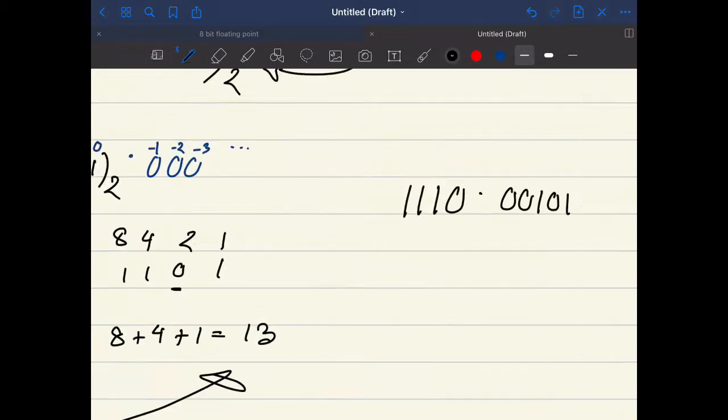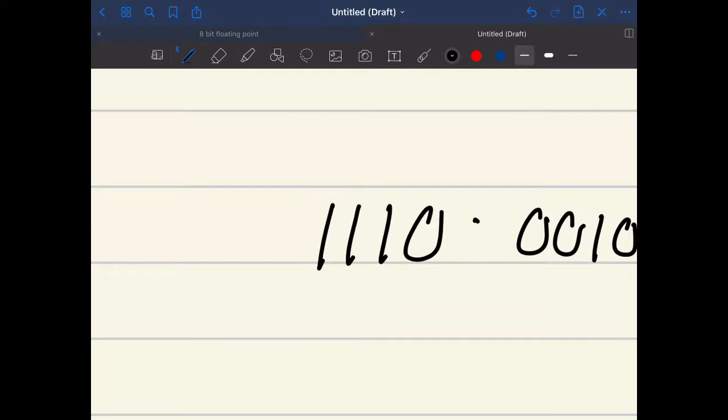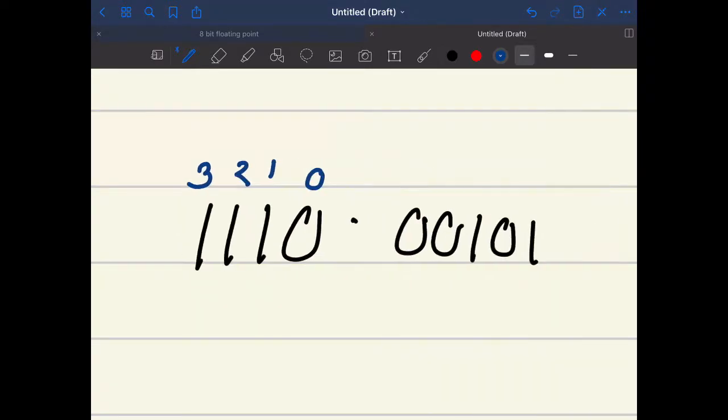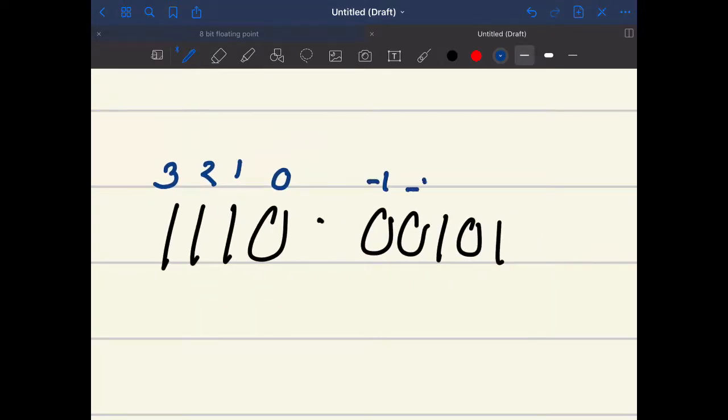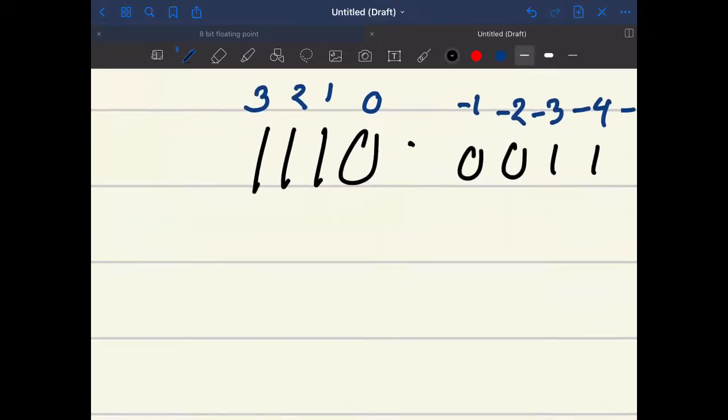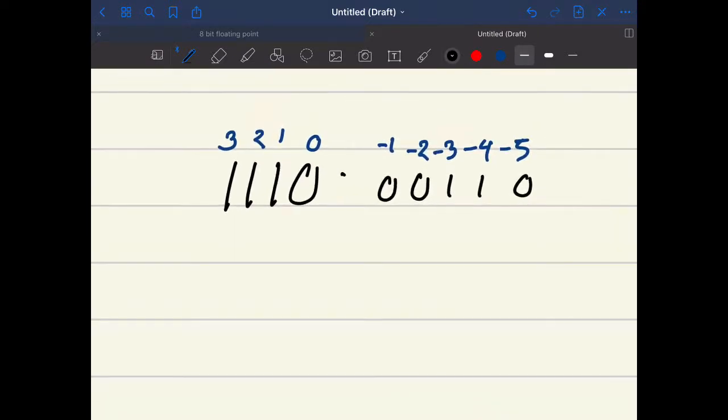Using the second method we talked about, on the left side of the decimal point we start from 0, 1, 2, and 3, and on the right side we have -1, -2, -3, -4, and then -5. Okay, let's do the calculation for this.